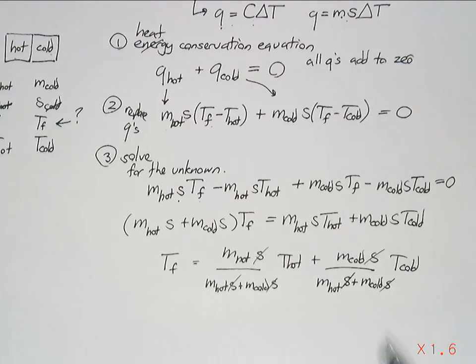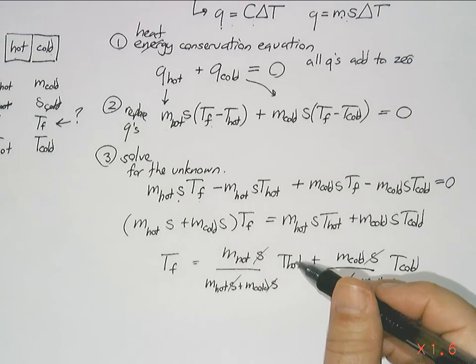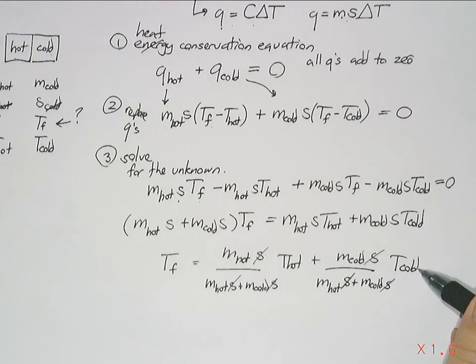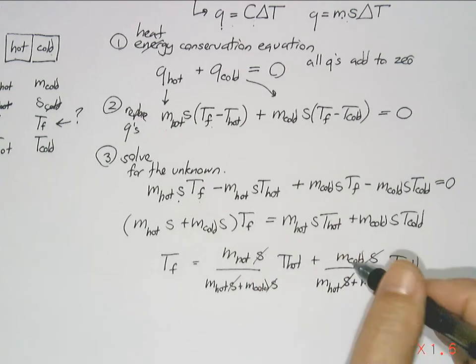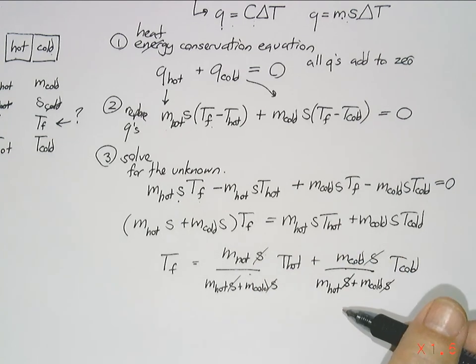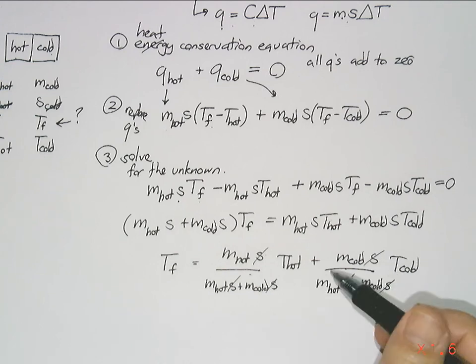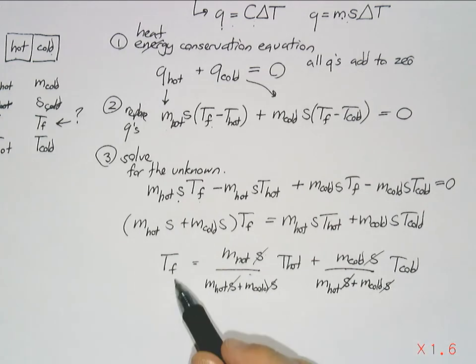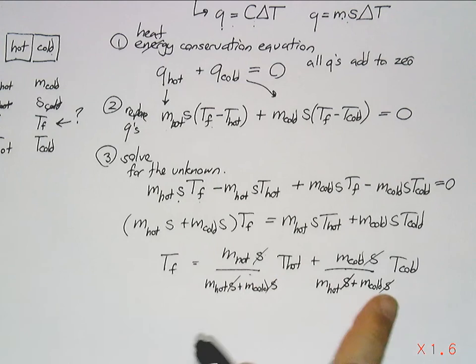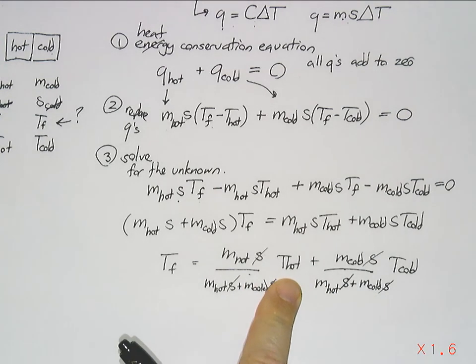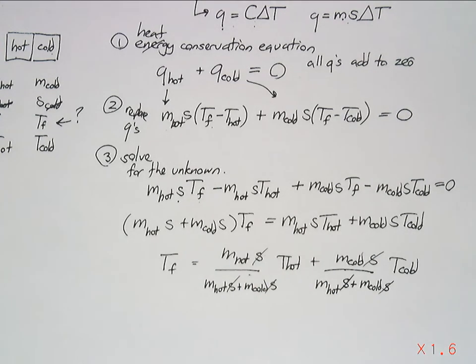Now, if this temperature was 40, and this temperature was 20, if both of the blocks were the same size exactly, I would expect a 30-degree final temperature. It's like halfway between. But if there's more of the hot block than the cold, it will be weighted towards the hot. So you'll see a higher temperature there.